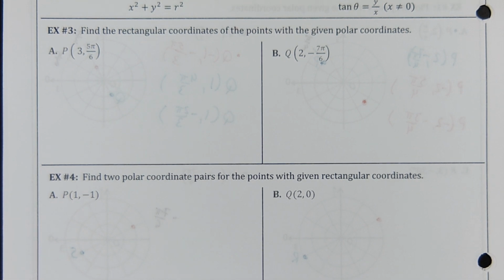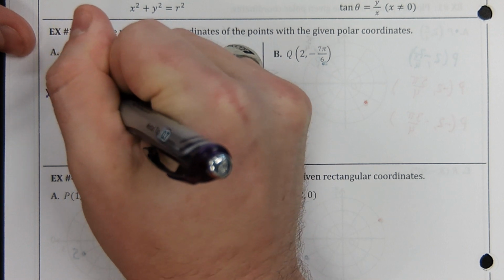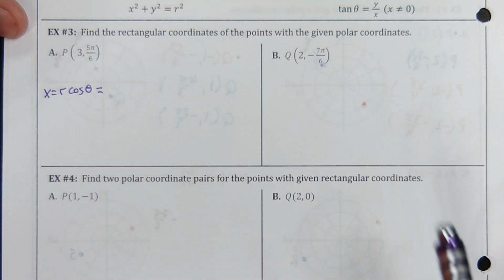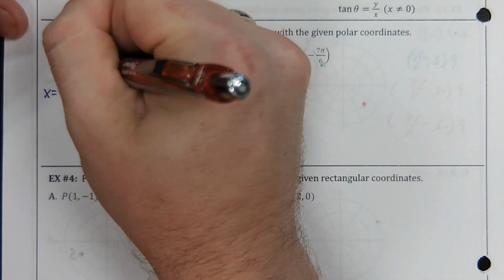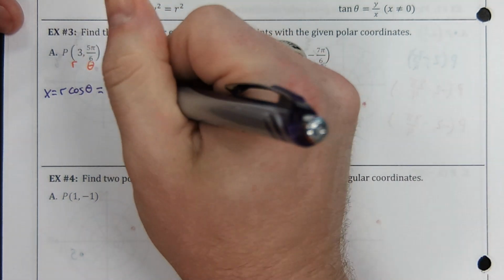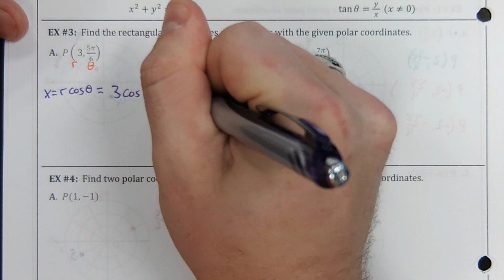All right. X equals r cosine theta. This is r. This is theta. So x is 3 times the cosine of 5 pi over 6.